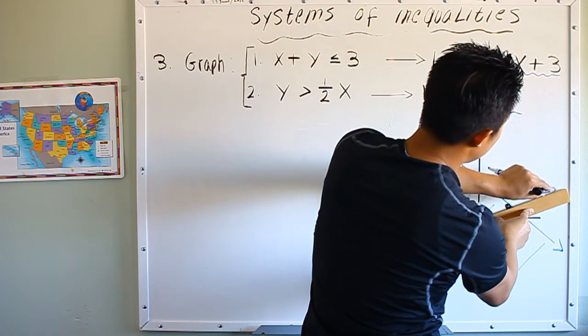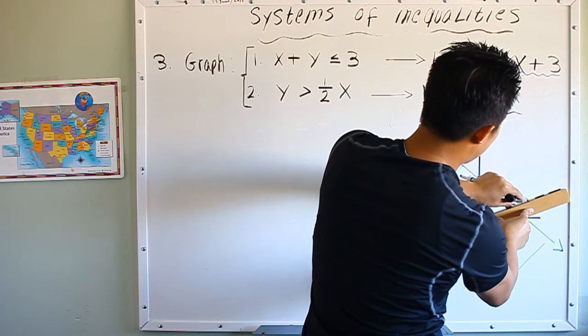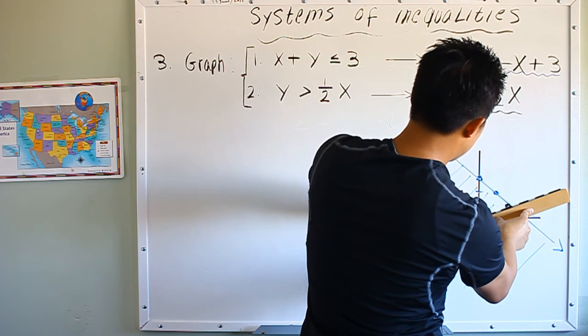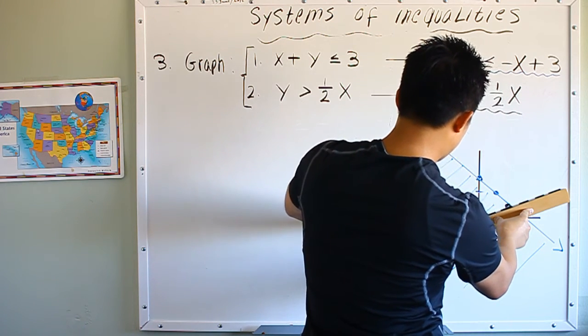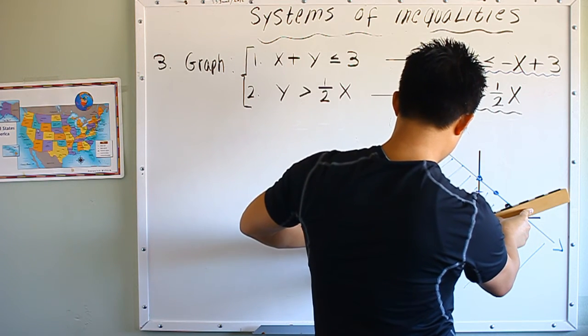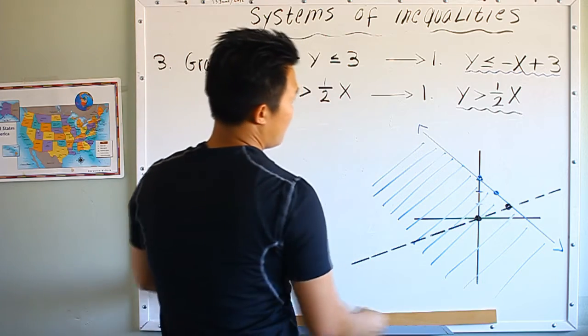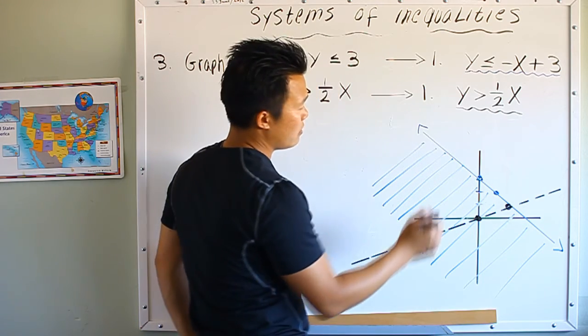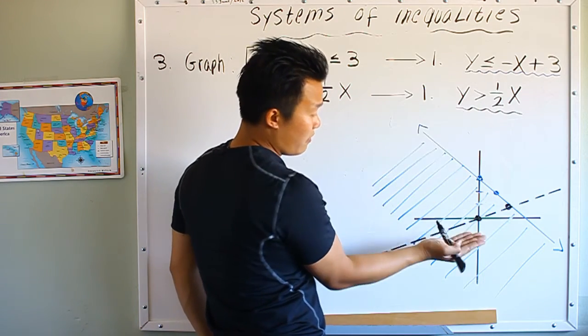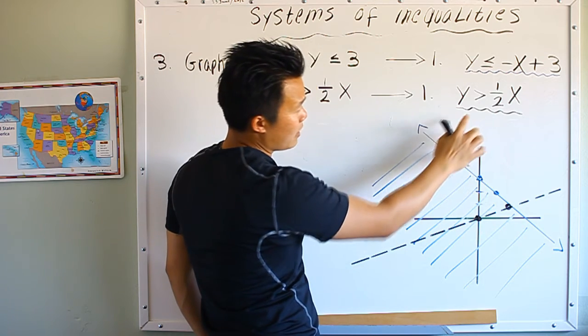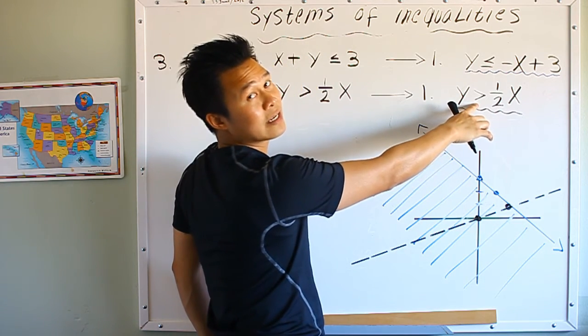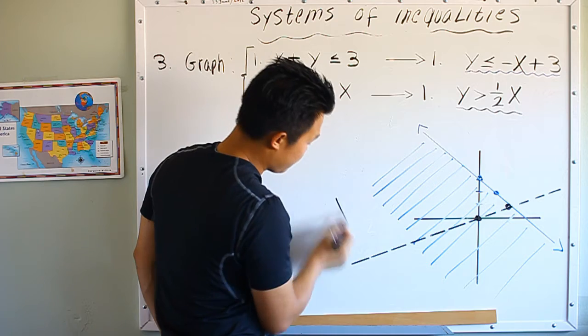with a dotted line because it's a less than, I'm sorry, it's a greater than. There's no equal to. So it gets connected with a dotted line. Now, I'm going to shade above this dotted line because I'm looking at a greater than sign. Okay, so here's my shading.